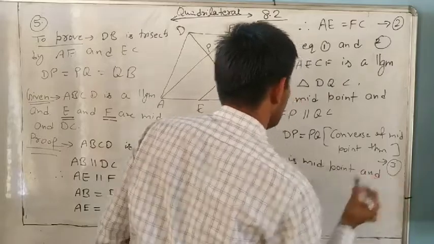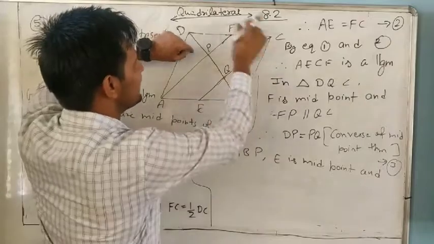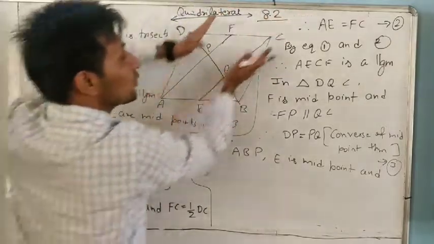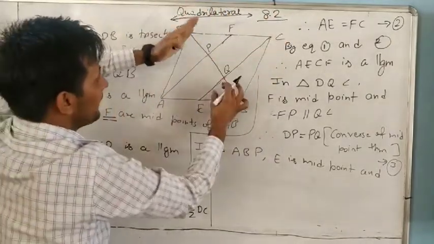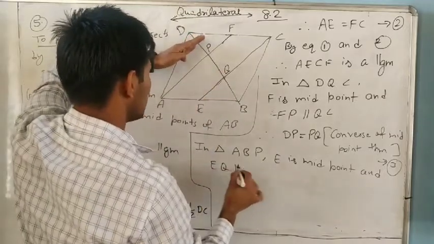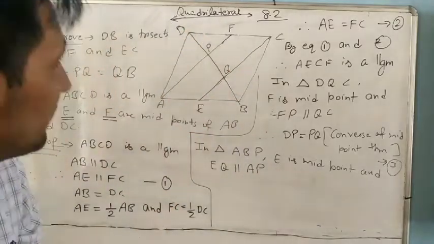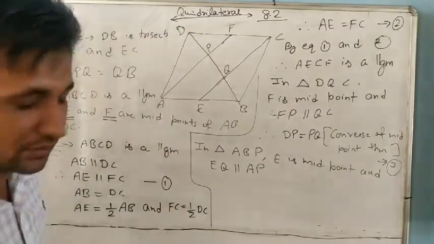E is the midpoint and we know AECF is a parallelogram, so these two lines are parallel. It means EQ is parallel to AP also, because they are parts of the parallelogram.